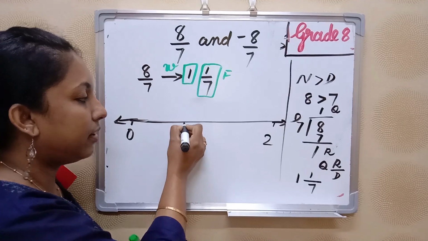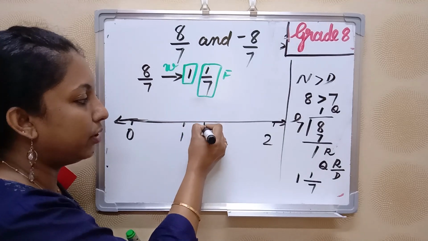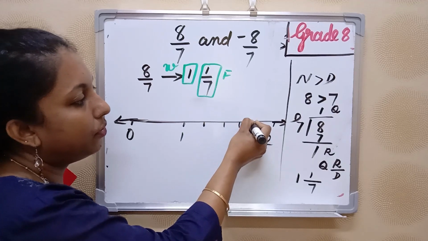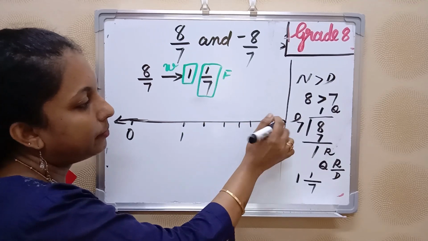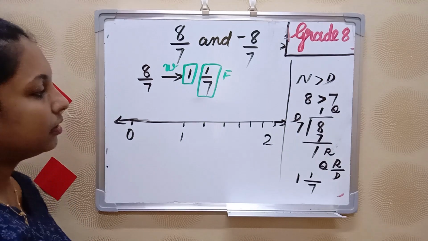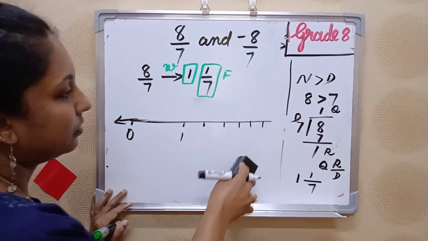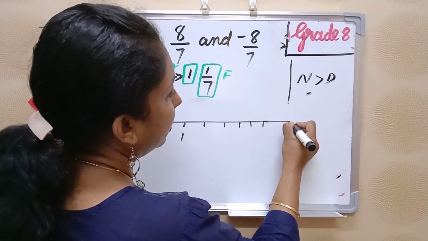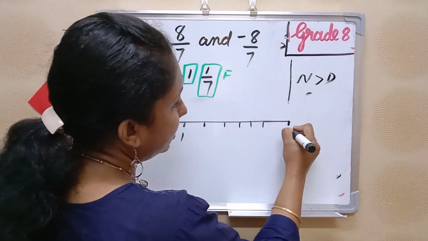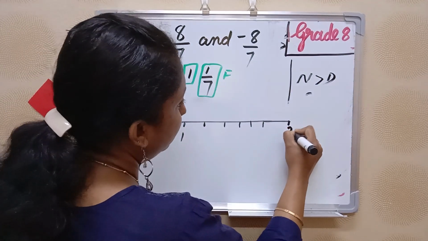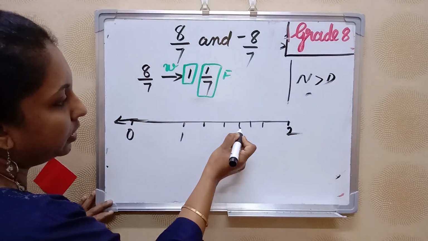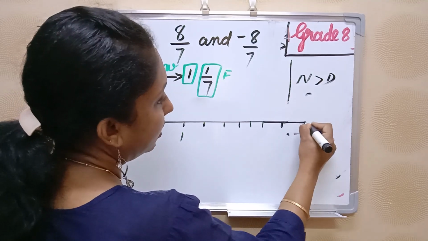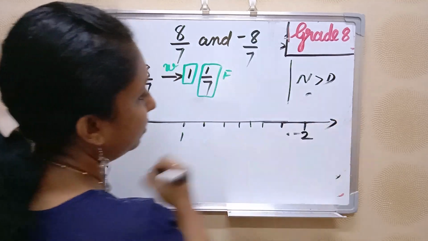And after 1 you have to count first part, second, third, 4, 5, 6, then the seventh part is here only, 2. So 1, 2, 3, 4, 5, 6, here 2.